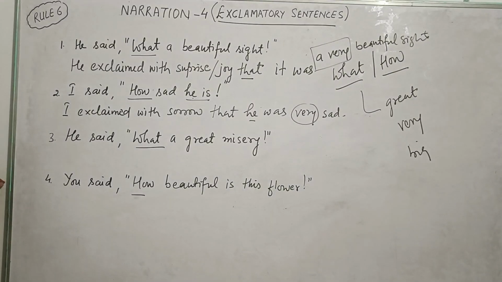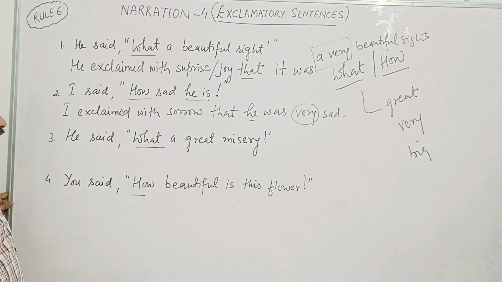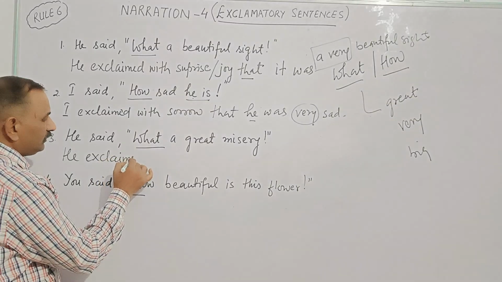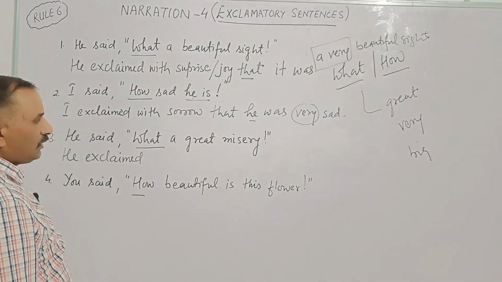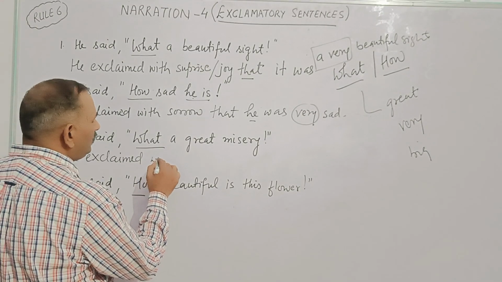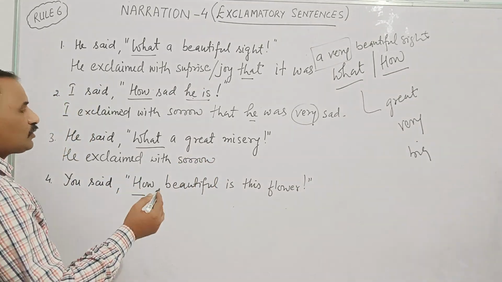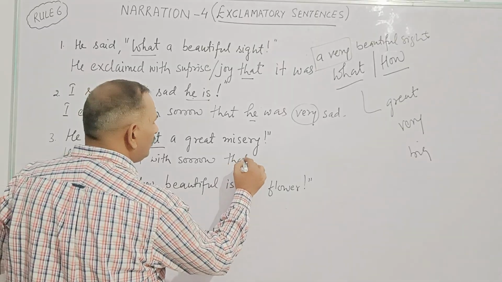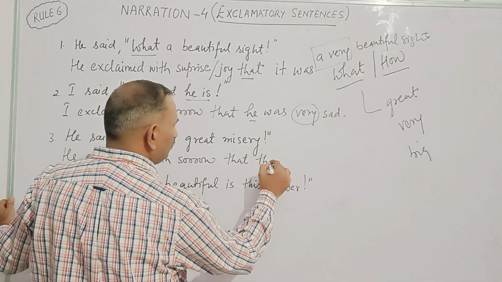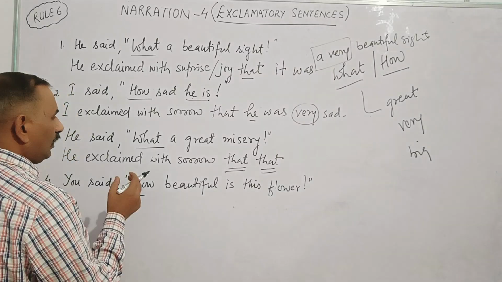Now move to the next sentence. He said, "What a great misery." He exclaimed. Now tell me the word, what should I use? He exclaimed again with sorrow that, this is used as a conjunction, and it is used for the word it.